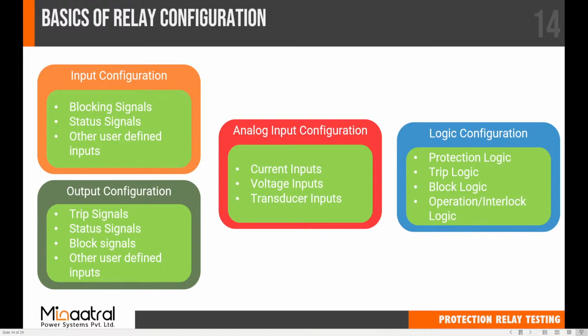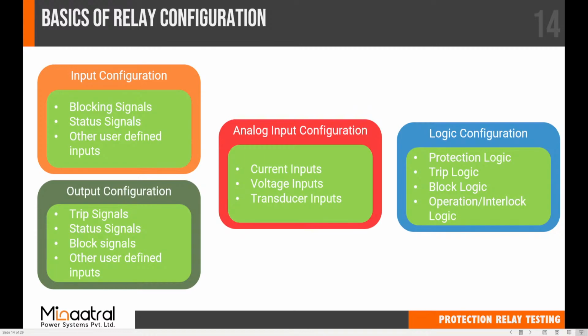And on the logic side, you will be configuring your protection logic, that is how a protection element should operate, what its behavior should be, what the trip logic or the blocking logic should be, and more importantly, in some cases, the interlock logic. Interlock logic in such a case would be your interlocks for breaker opening and closing, interlocks for your earth switch, and isolators as such, right?